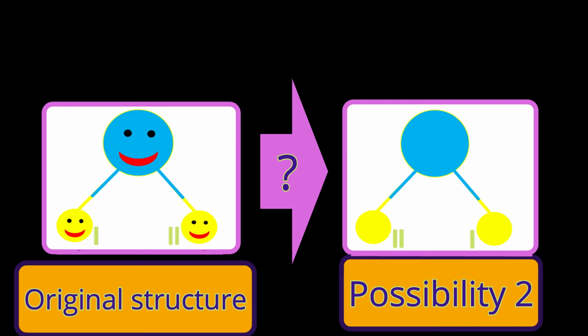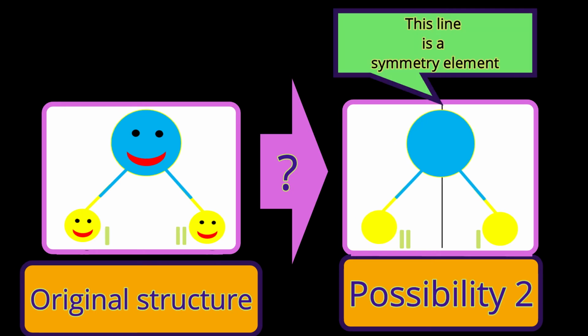Now let us find the answer to the question: how can we obtain the second possible structure from the original structure? See, both structures are in front of you. What are you finding there? Which points may not be disturbed while obtaining structure number 2 from the original structure? Yes, a central line will be there. It is represented now. Those points are not disturbed.